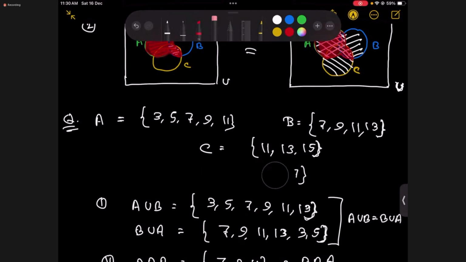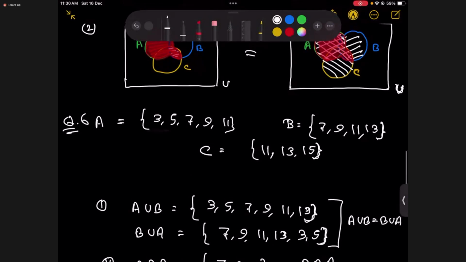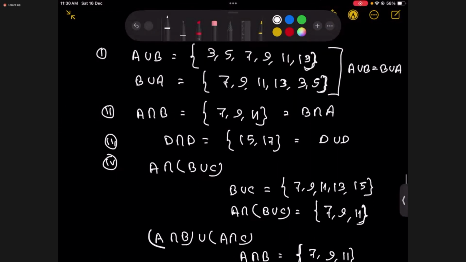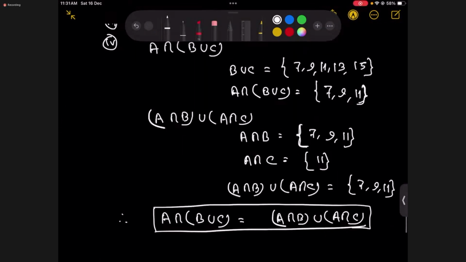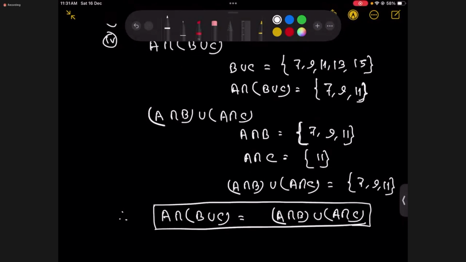So this is the example of the NCERT book, example question number 6 and exercise 1.4. So you can check this question, and there are few more questions asking other opposite operations. So you can verify all those things.